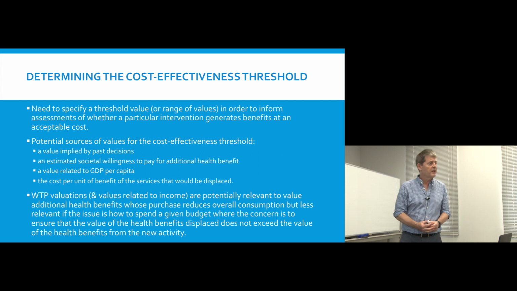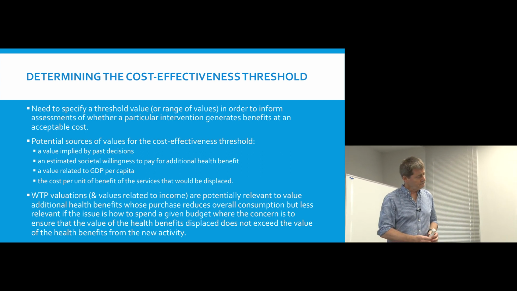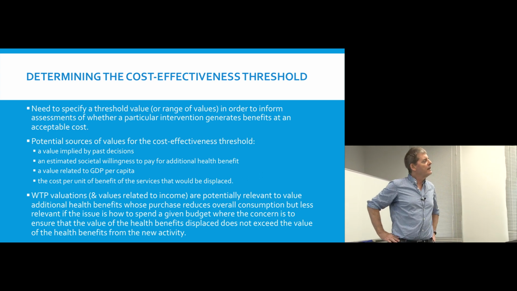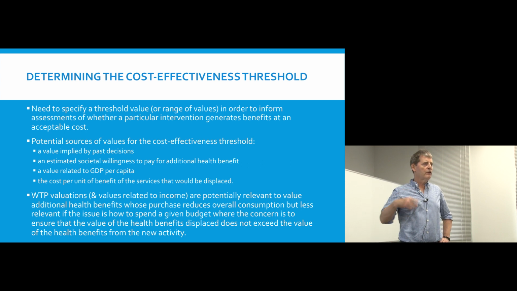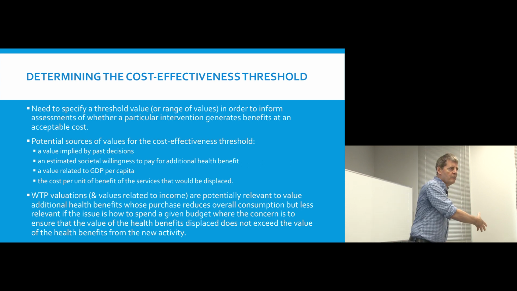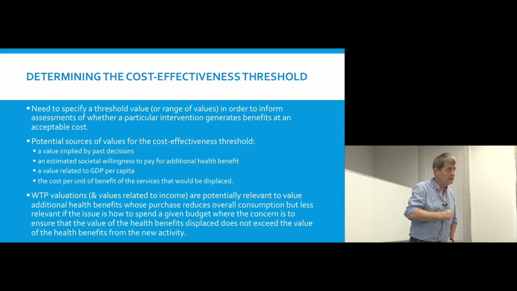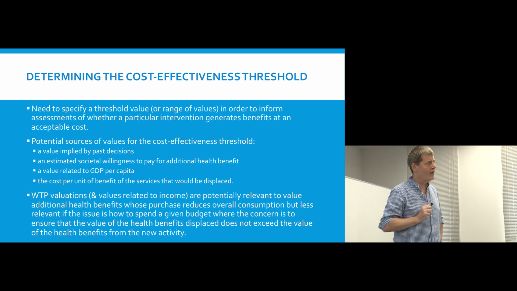One approach that's been suggested is to look at past decisions and ask what value is implied by past decisions. So if we look at the things that we've said yes to previously or the things we've said no to previously, and we look at their cost effectiveness, their cost per QALY gained, could that have an implied threshold?